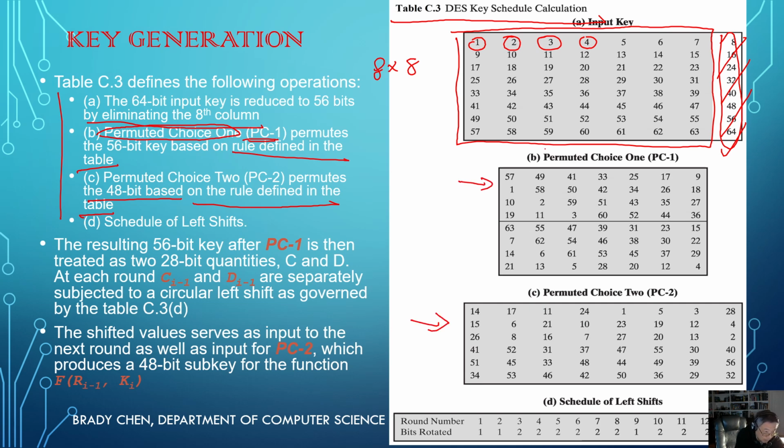So this is permuted choice 1, this is permuted choice 2, and then we have the schedule of left shifts, which is also defined for each round of the DES operation. Depending on the round number, we do the left shift by either 1 position or 2 positions. So round 1 we left shift 1 position, and round 2 also 1 position. Round 3 we left shift 2 positions.